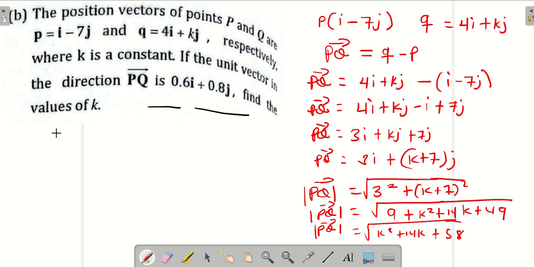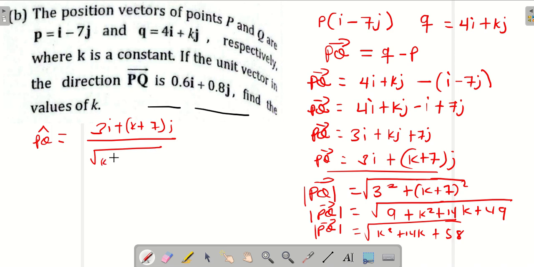Okay, so it means that our unit vector in the direction of PQ, that is PQ hat, is going to be the vector itself. The vector of PQ is this, which is 3i plus (k plus 7)j, all divided by the root of k squared plus 14k plus 58.